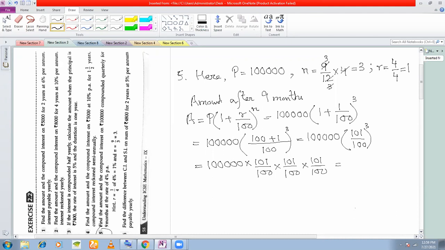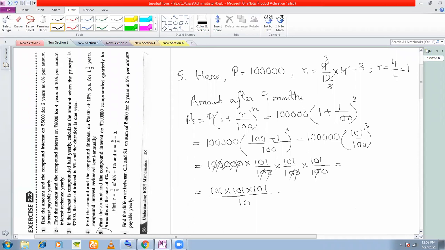Now you cancel the zeros, and in the denominator you have 6 zeros. So 1, 2, 3, 4, 5. So only 5 zeros cancel, so one 0 will remain actually. So let's keep that 0 here. So how much do you get here? 101 into 101 into 101 divided by 10. This is what you are getting.